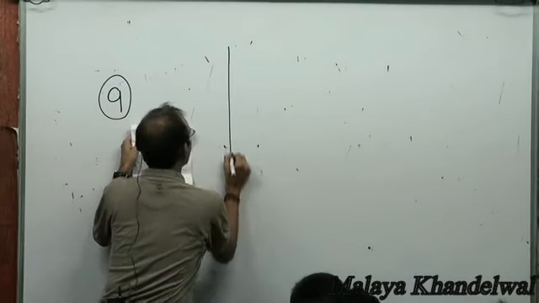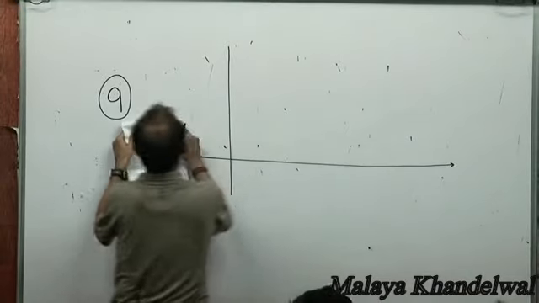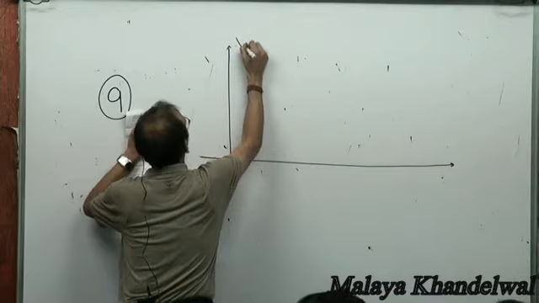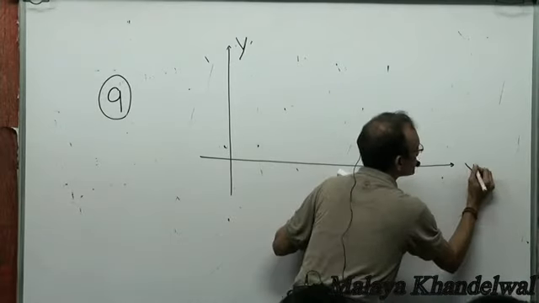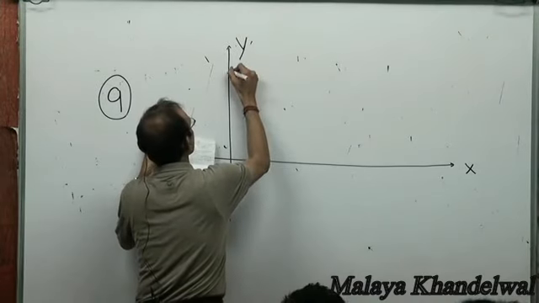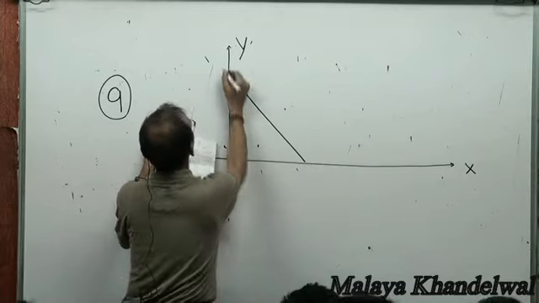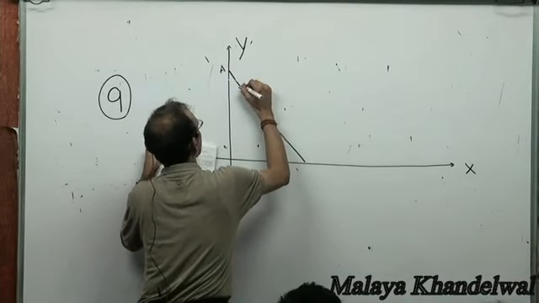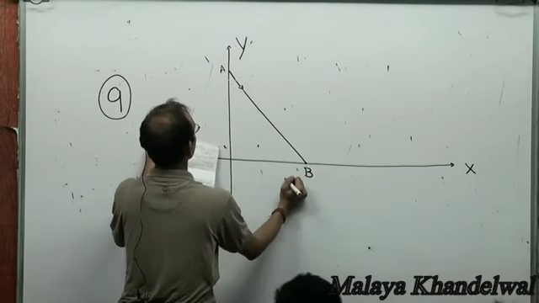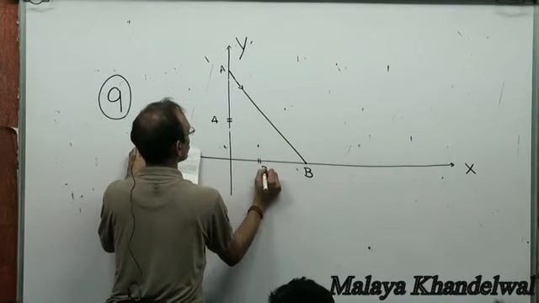Now, in a plane, what's given is the actual trajectory of a particle in the xy plane. The particle is executing a motion along a trajectory as follows. It goes from this point A, the actual trajectory of the particle, to this point B. This is 4 units. This is 3 units.